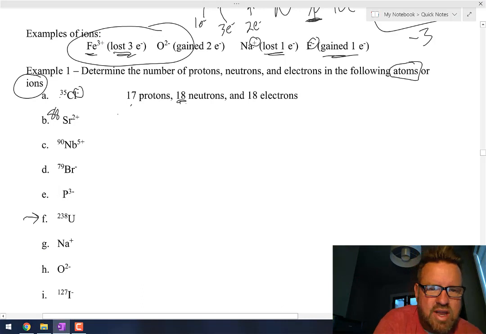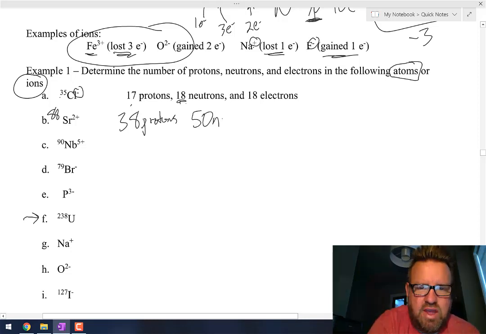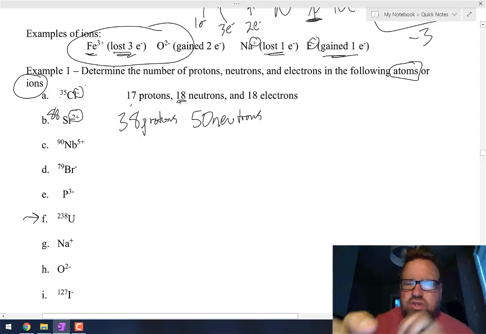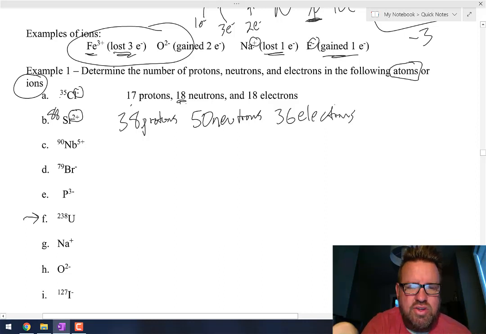That means it has 38 protons. 88 minus 38 is 50 neutrons. And with a +2 charge, that means it has lost 2 electrons. If it were an atom, it would have 38 electrons, but it's lost 2, so that means it has 36 electrons.